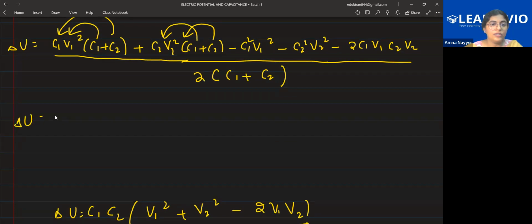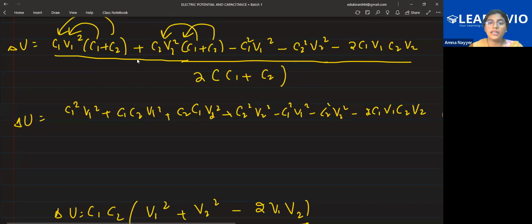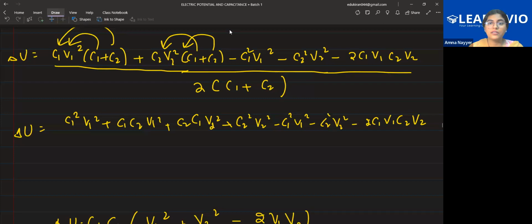So delta U will be C1 square V1 square plus C1 C2 V1 square plus C2 C1 V2 square, and what is here? C2 square V2 square minus C1 square V1 square minus C2 square V2 square minus 2 C1 V1 C2 V2. This is the long portion we have.